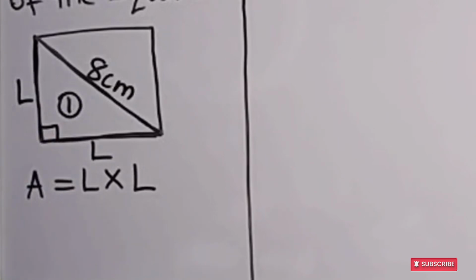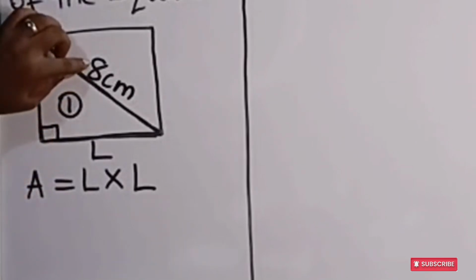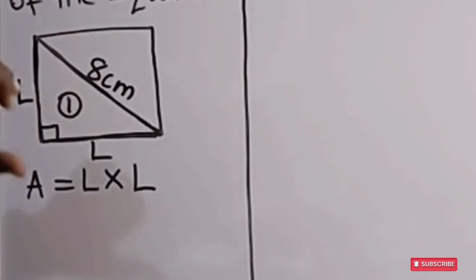All the 4 angles of a square are all 90 degrees. So that means this angle here is 90 degrees. That means triangle 1 is a right angle triangle. That means we can apply Pythagoras theorem to find out the value of L. So since here is 90 degrees, this means 8 is the hypotenuse. That means our C is equal to 8.